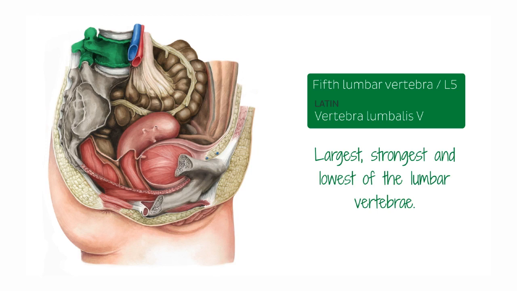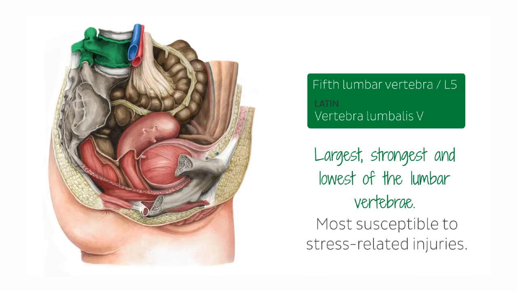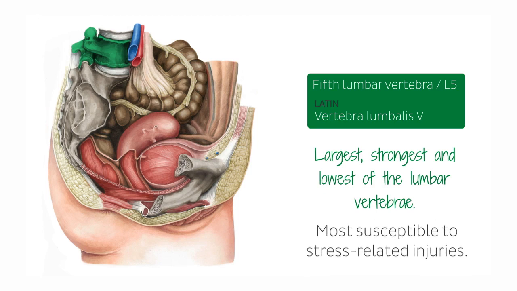As the last of the lumbar vertebrae, the L5 will bear more body weight than any of the other 23 vertebrae that sit on top of it in the vertebral column. For that reason, L5 is the largest and strongest lumbar vertebra, but it is also the most susceptible to stress-related injuries.